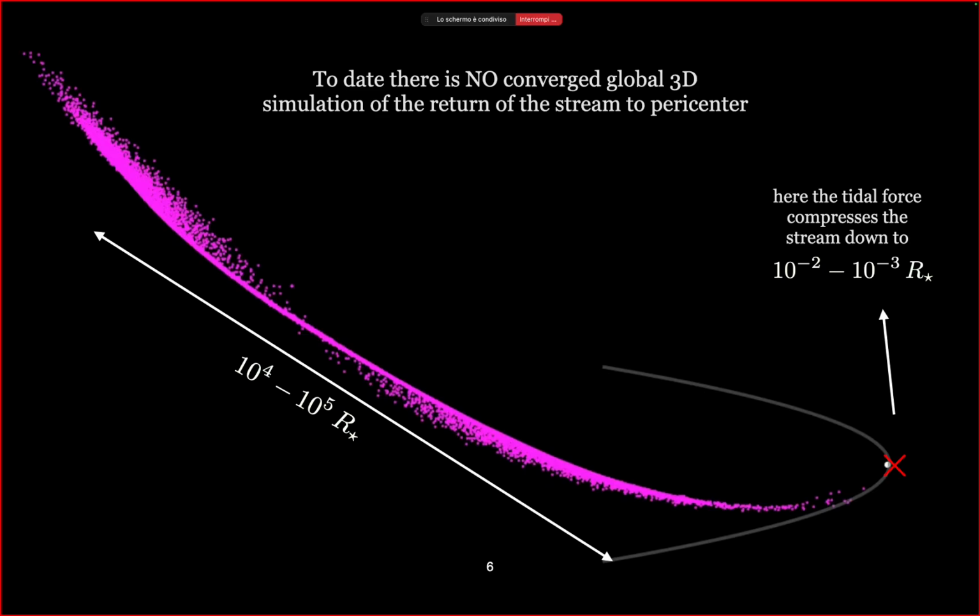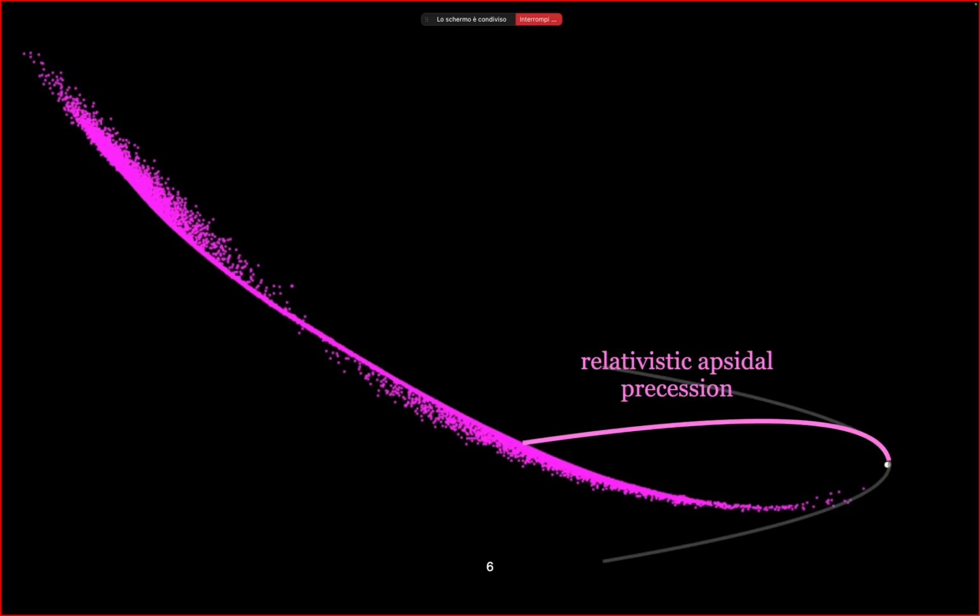So this is uncertain, but we can go on and assume that this compression is not going to significantly affect the evolution. And what we know will happen next is that because the stream approaches the black hole so close, general relativistic effects will be important, and in particular the stream will precess, and it will self-intersect at this point.